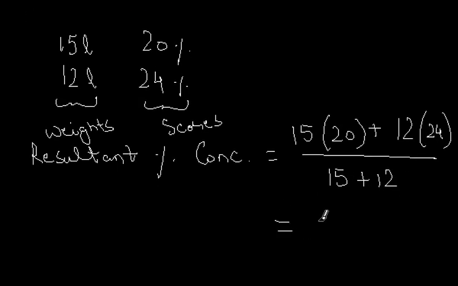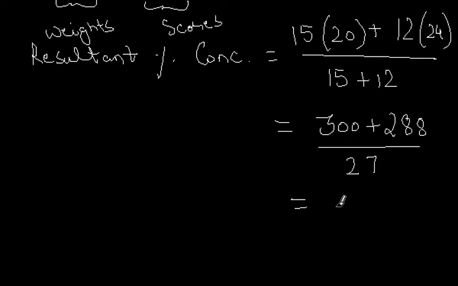So this will come out to be 300 plus 12 into 24 is 288, divided by 27, which is 588 divided by 27. So we can further simplify this.